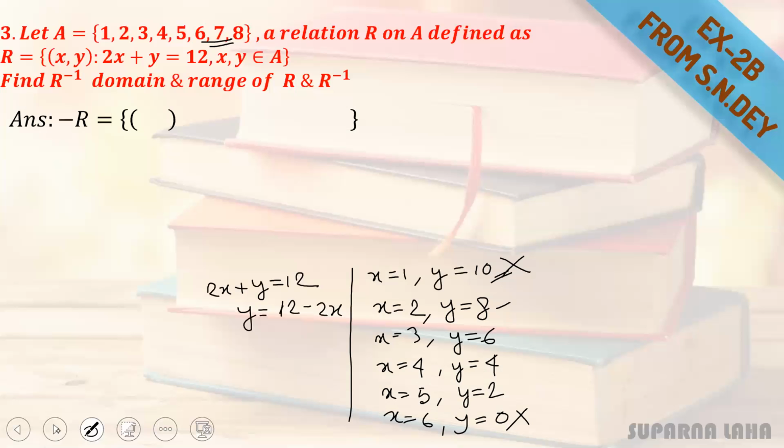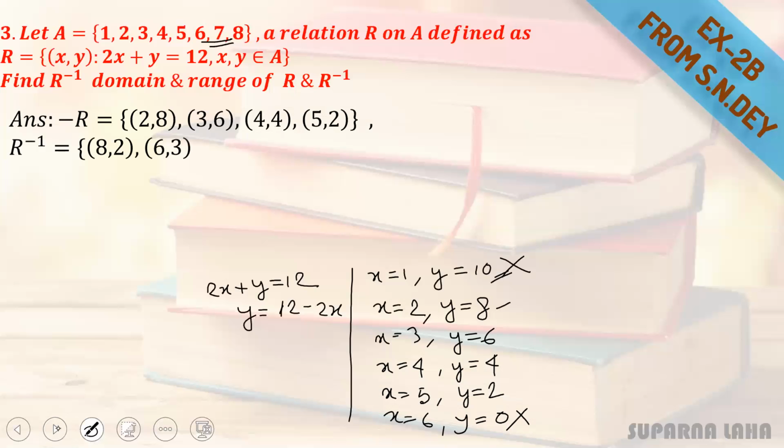So what is R? R is given by (2, 8), (3, 6), (4, 4), (5, 2). And you can now easily write down R inverse, that is (8, 2), (6, 3), (4, 4), (2, 5). Okay. Now you need to write down the domain and range for R and R inverse both. So the domain of R is 2, 3, 4, 5.